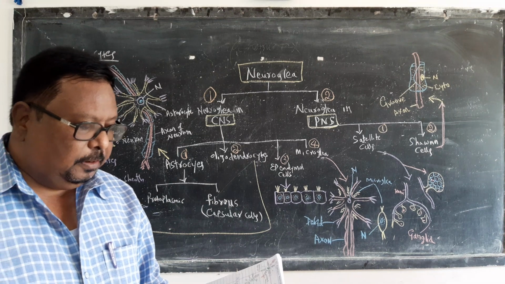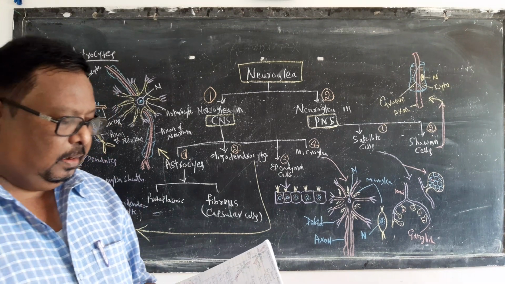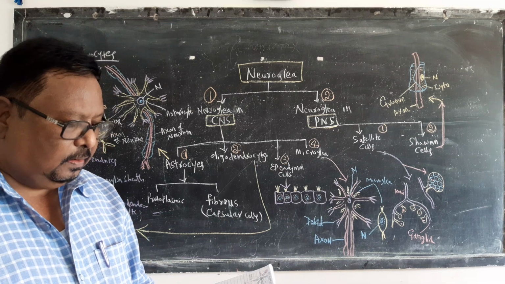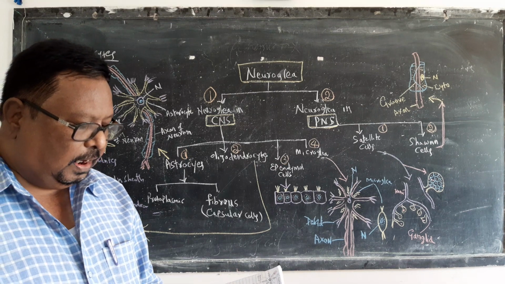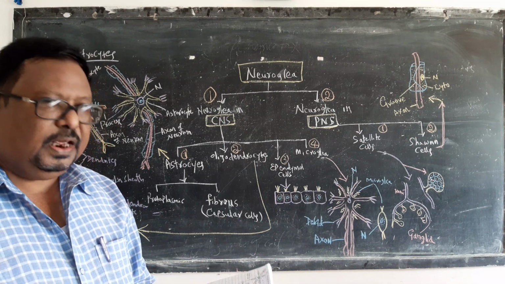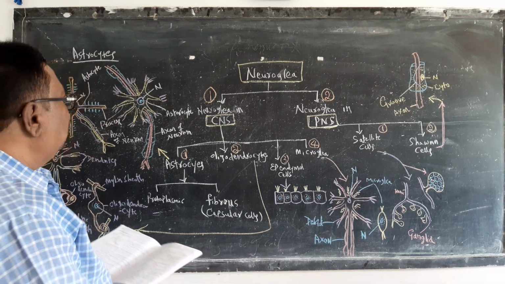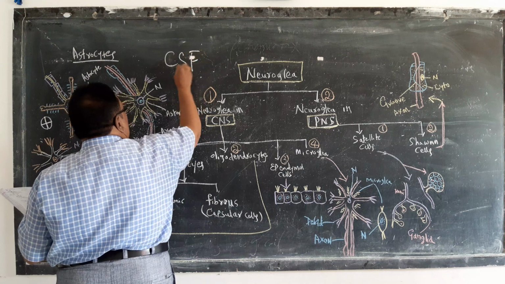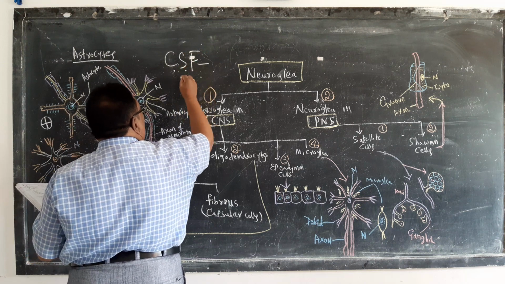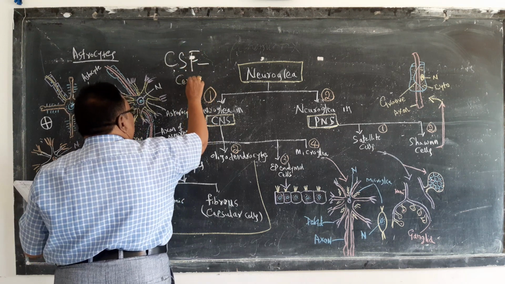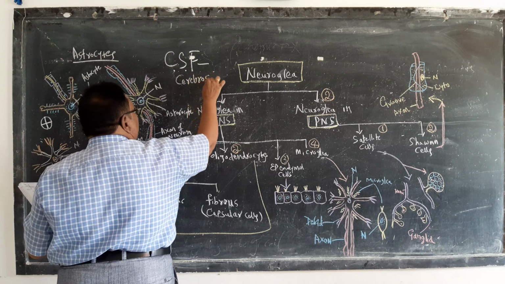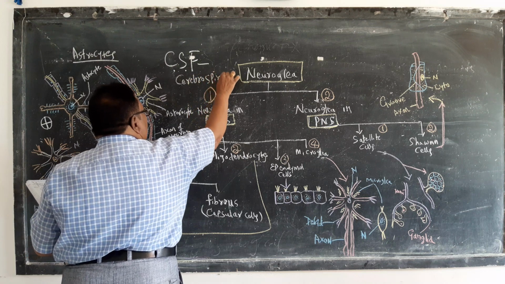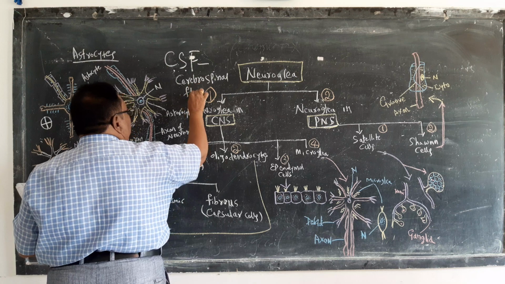The functions of ependymal cells: they facilitate the circulation of cerebrospinal fluid, CSF. This is called cerebrospinal fluid.